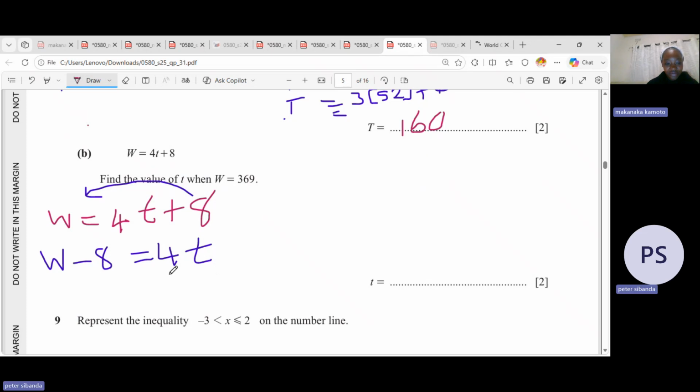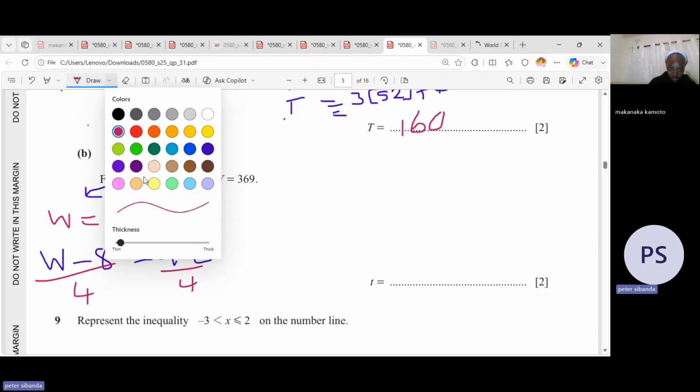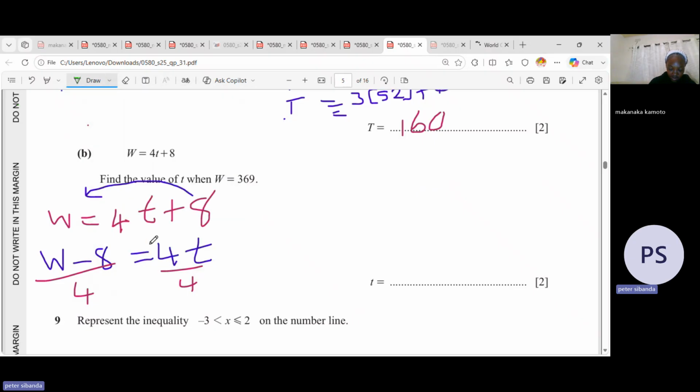Divide. Yeah, so over 4, not over 4t. We want to remove 4 only. t doesn't have to be removed. 4 is the one that needs to be removed. So only 4 should be divided. If you say 4t and the t cancels, how are you isolating t? Because right now 4 and 4 have to cancel, t alone. If you divide it by 4t, how are you doing that? You're not.